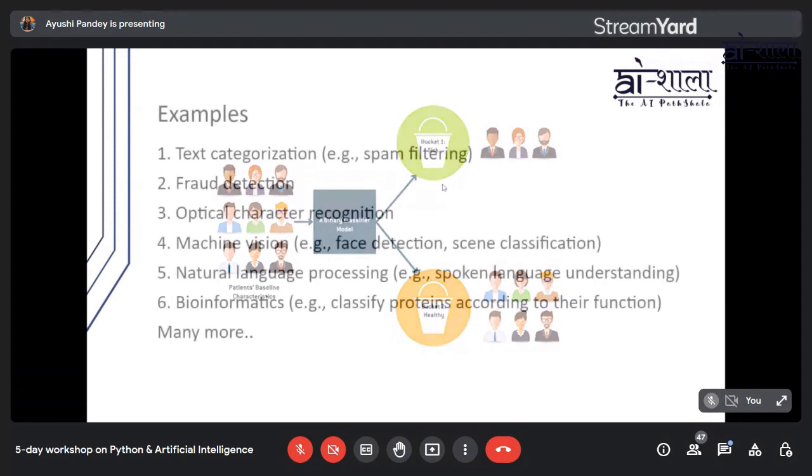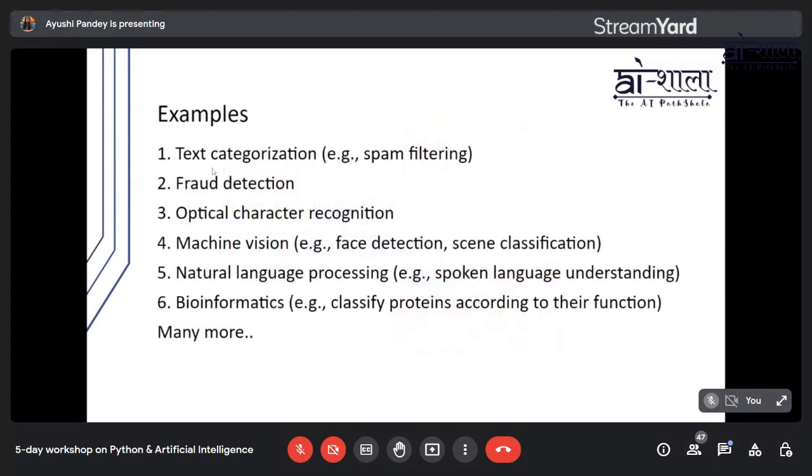We want to make a system that tells whether people are sick or not. We have different examples: text categorization, spam filtering, whether it is spam or not, fraud detection, credit card fraud detection, whether the card is fraud or not. Then optical character recognition.